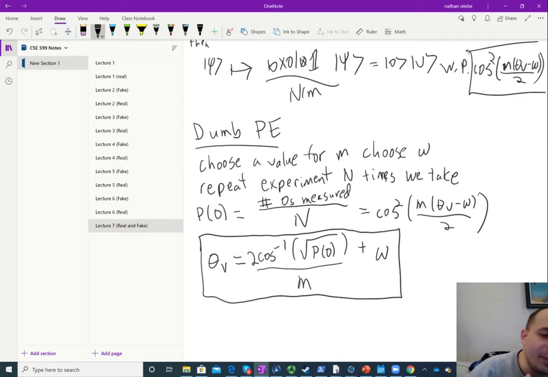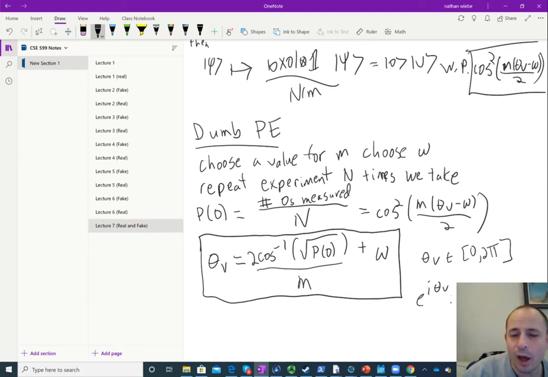Now, there's a little bit of subtlety that ends up coming in, because if we want to learn the phase value, theta_v, then theta_v is between 0 and 2 pi. So this isn't exactly a one-to-one mapping. We have to choose a particular branch of it in order to be able to do this. But that's not the end of the world. If we only are interested in e to the i theta_v, where U_v is defined to be equal to e to the i theta_v, and not theta_v itself, then that's fine.